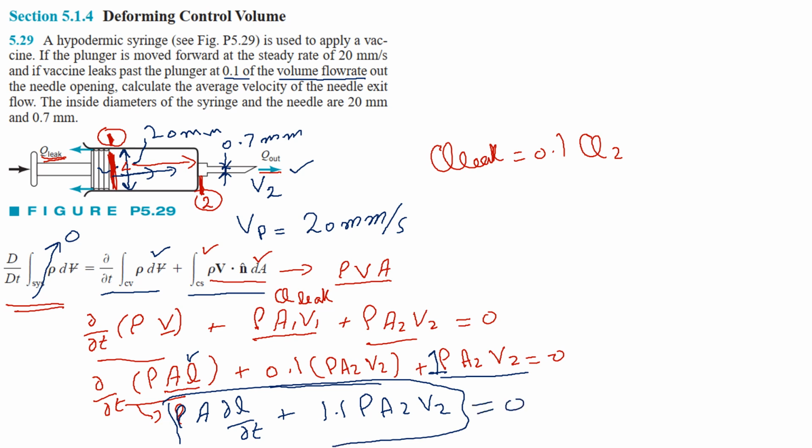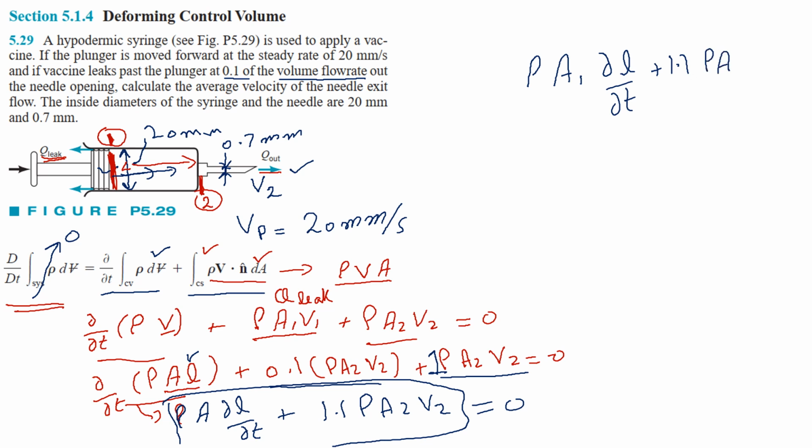I'm going to simplify it further now, and if I write it a little cleaner, it will be rho A1 partial L over partial T plus 1.1 rho A2 V2 is equal to 0. So this is the partial change in length over time. I can write this in terms of this.